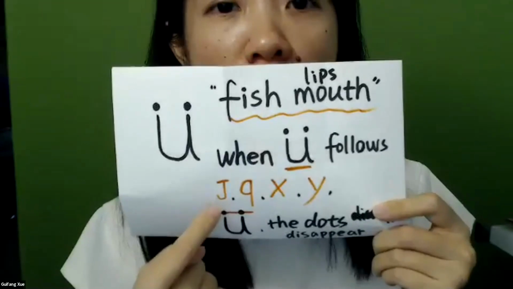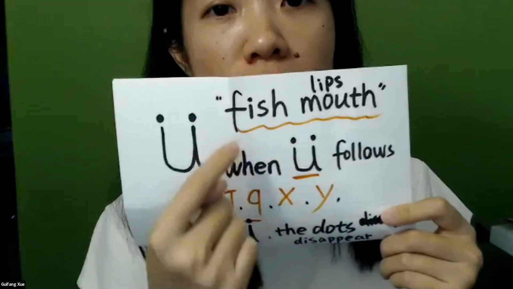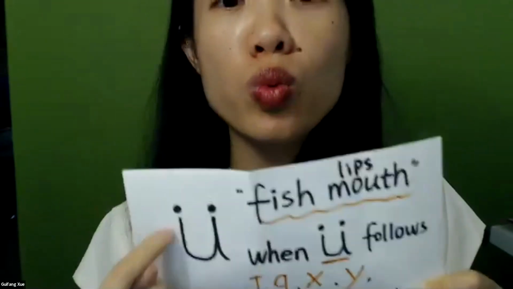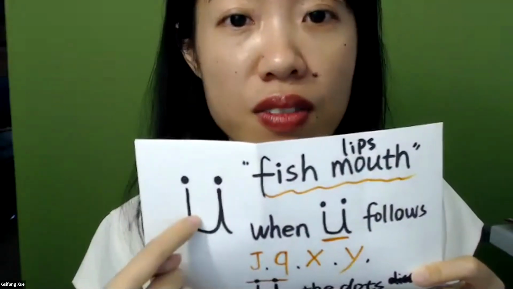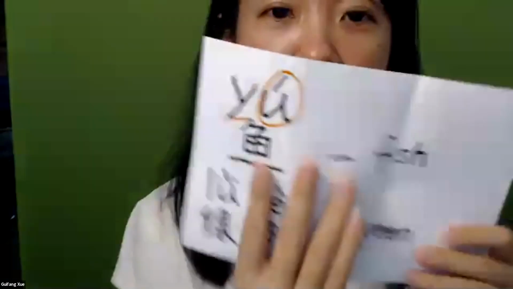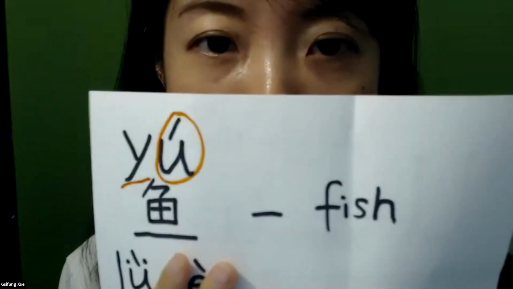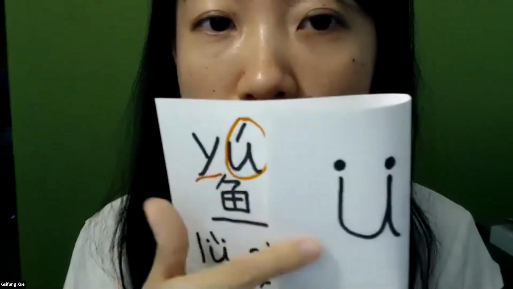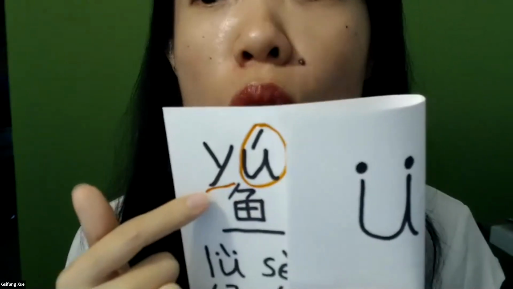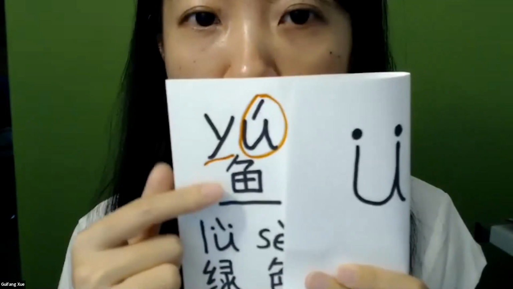So when you see J, Q, X, Y, the written form becomes wu, but it still pronounces yu. For example, ta-da, the fish. You see the dots disappear, but it doesn't pronounce wu, it pronounces yu.